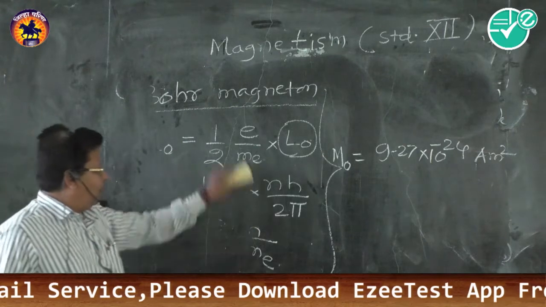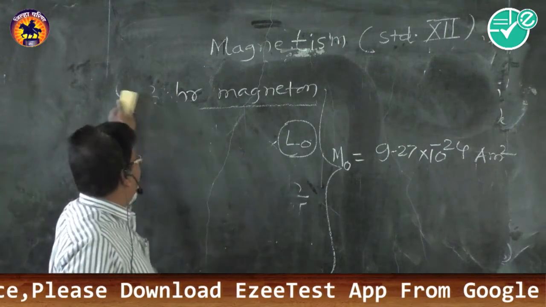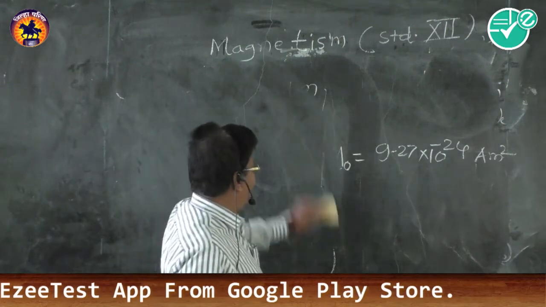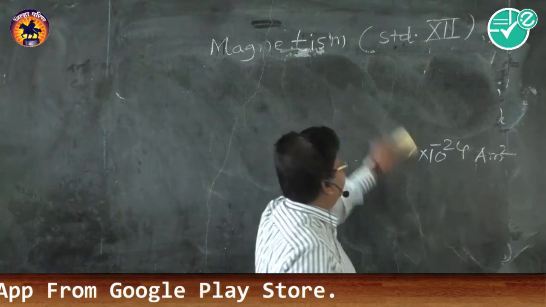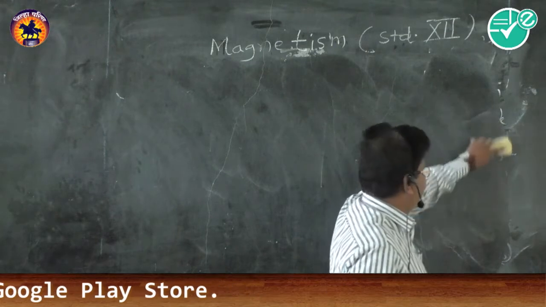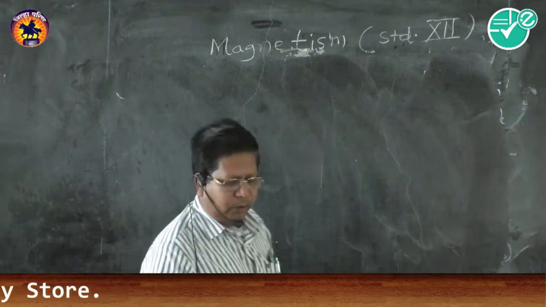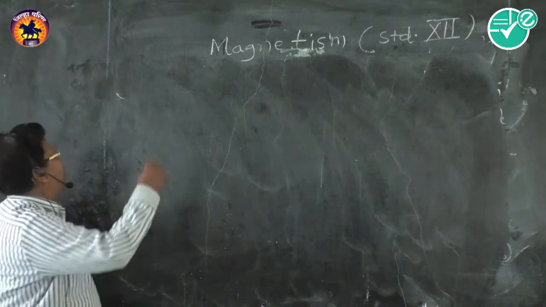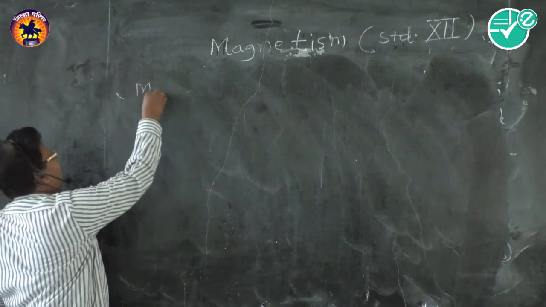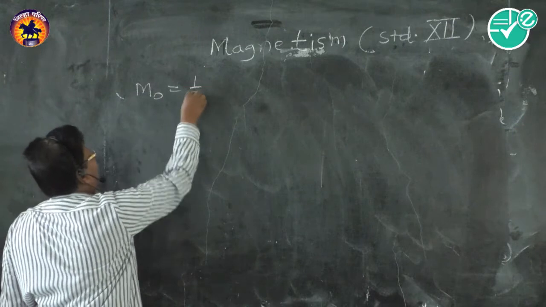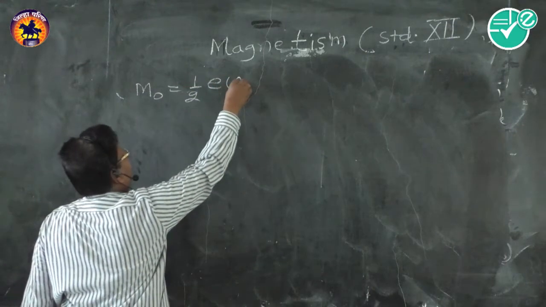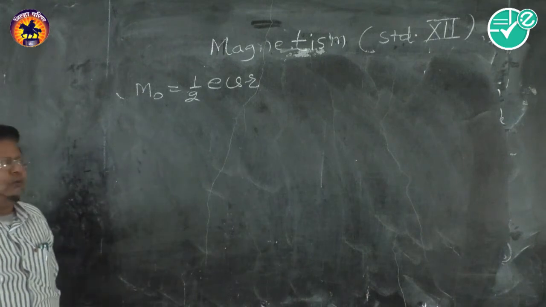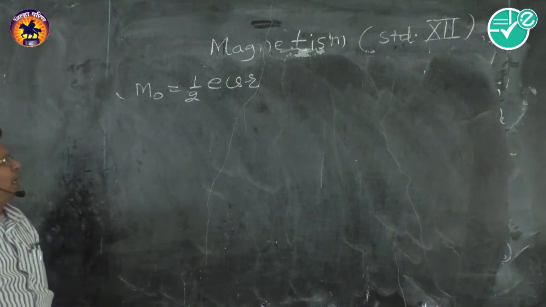Next, we find the different forms of orbital magnetic dipole moments. First of all, we have already found that M_O is equal to 1 by 2 into e into v into r. Now we will find another formula.